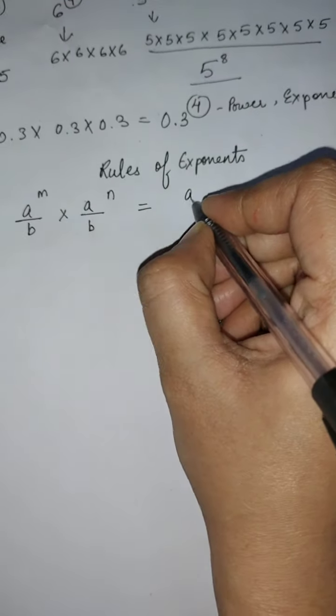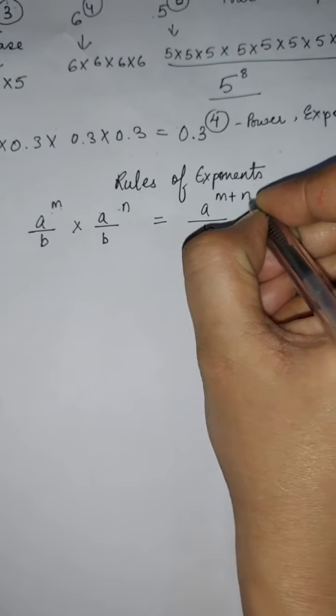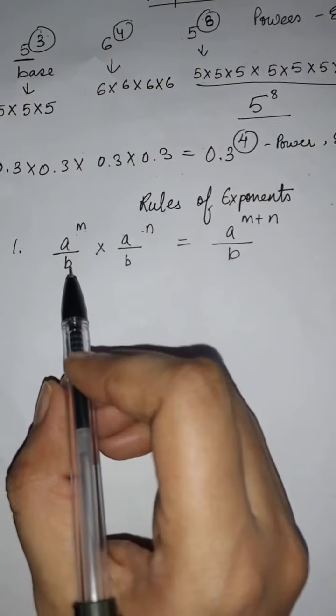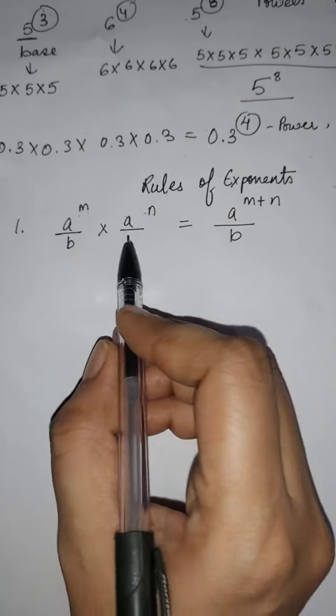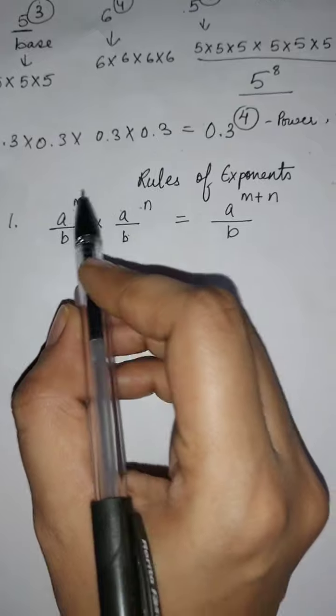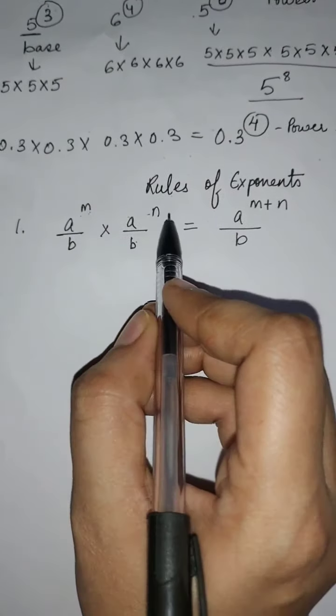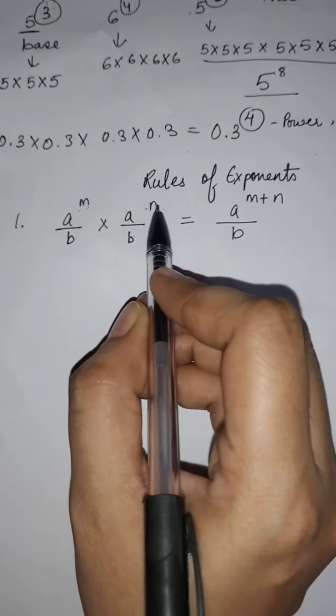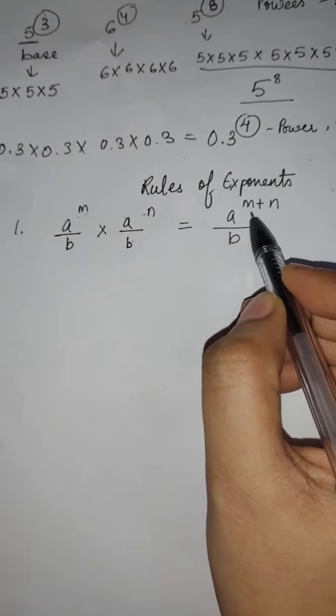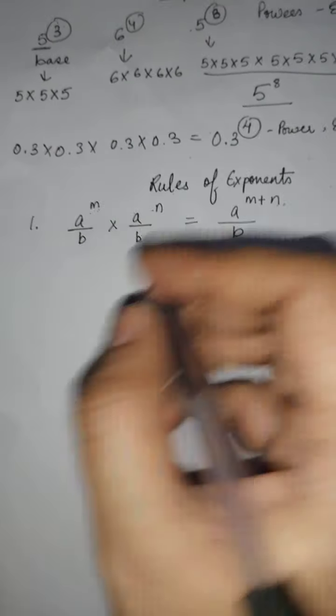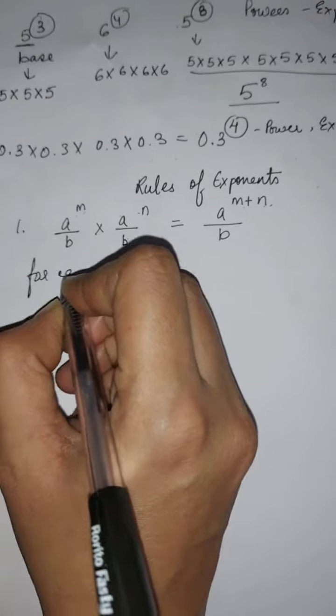You write the fraction once and you add both the powers, like this. Okay, what is the condition? If the same fractions are getting multiplied and they have different powers, or you can say different exponents, then what happens? The exponents get added.